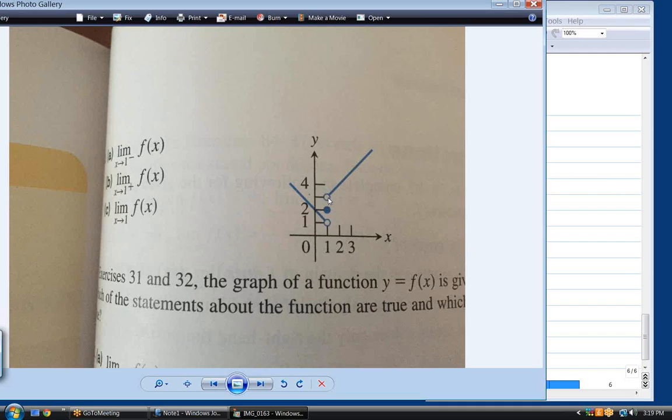Therefore, the limit at 1 does not exist. It only exists if the left-sided limit is the same as the right-sided limit. So, C, the limit of f of x as x approaches 1, is not 2. It's not 1. It's not 3. It does not exist.